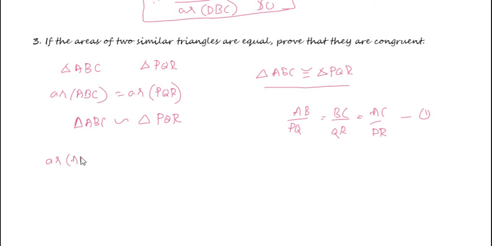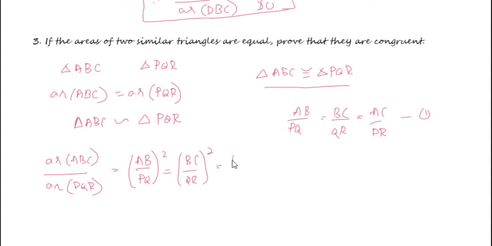Area ABC divided by area PQR is equal to AB by PQ whole square, equal to BC by QR whole square, equal to AC by PR whole square.